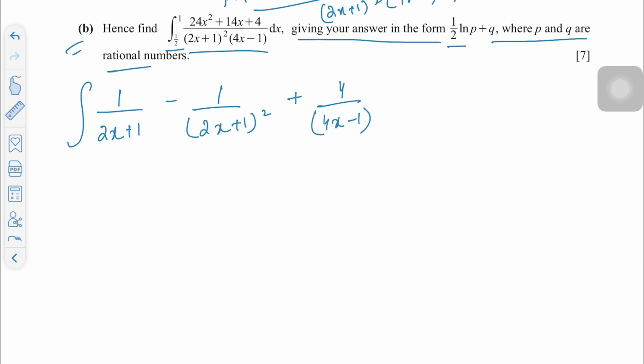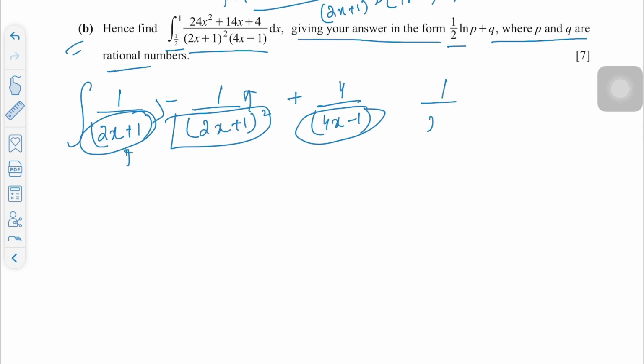We can just rearrange it and move this part up to the numerator, right? Other than this, and this would be ln, so that we can keep it in the numerator, right? So this would be 1 over 2x plus 1. This can be written as negative (2x plus 1) power minus 2, and then positive 4 over 4x minus 1, right? So this would be ln.